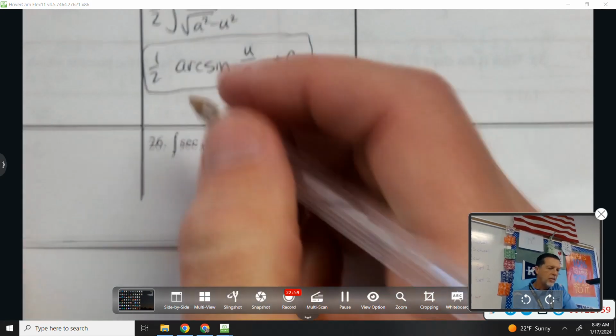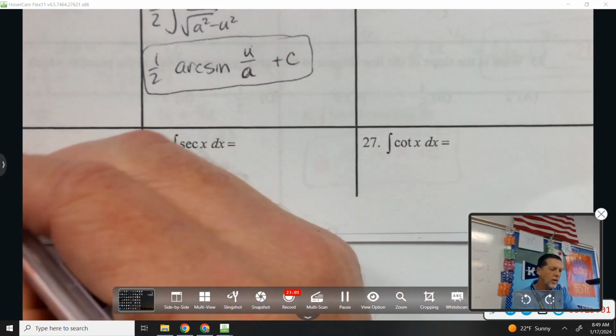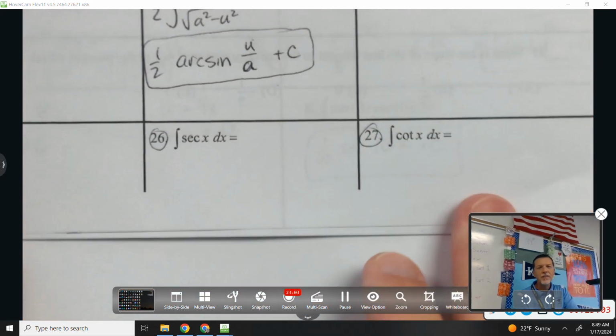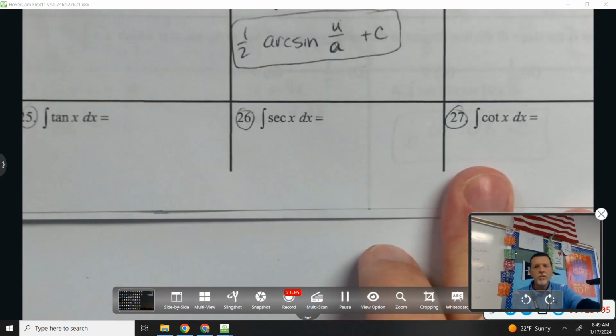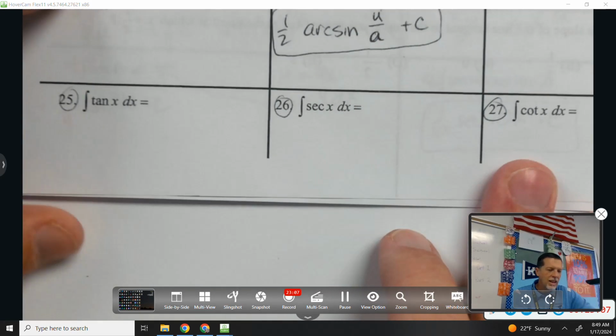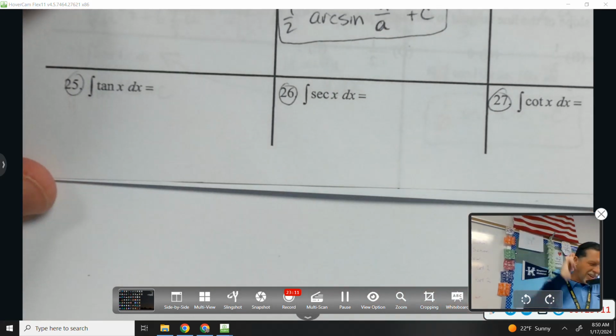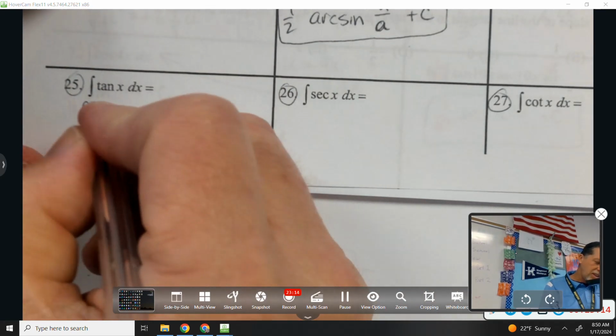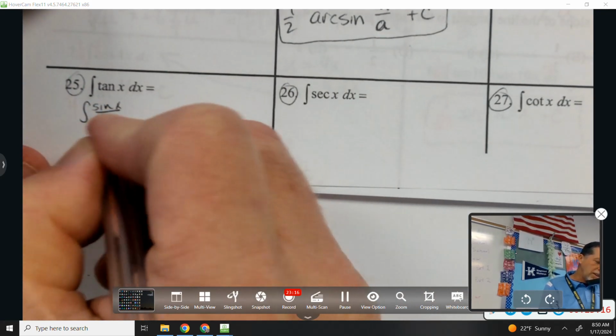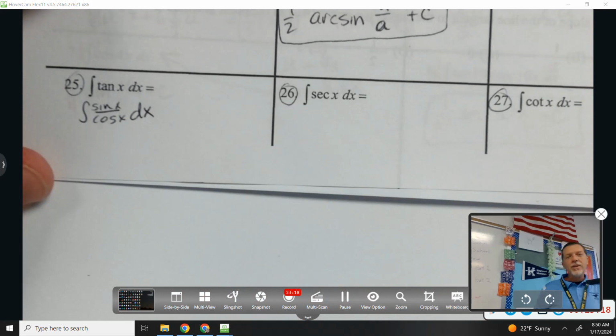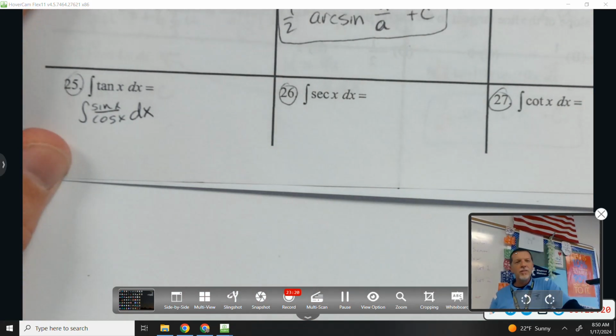Okay. Next one is 26, but let's do kind of all three of these together. 25, 26, 27. Antiderivative of tangent. This is one that I'm supposed to have memorized, but I don't have memorized because I always know I can figure it out.